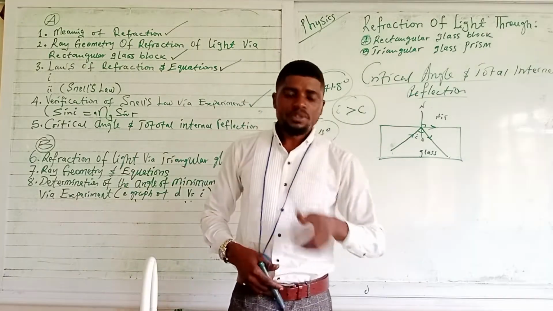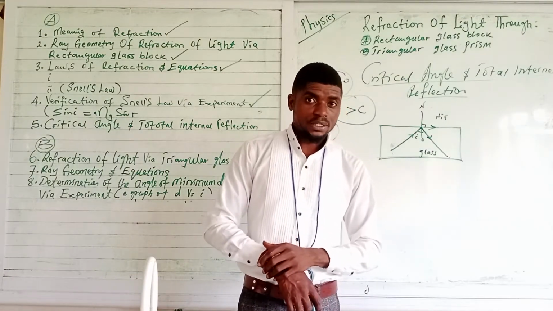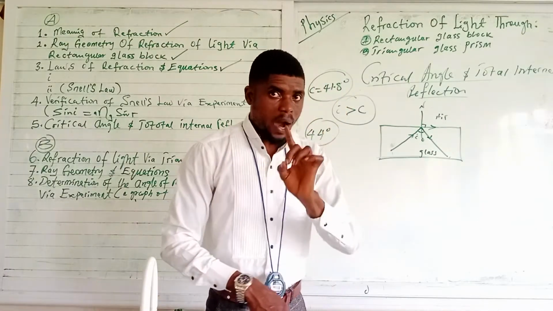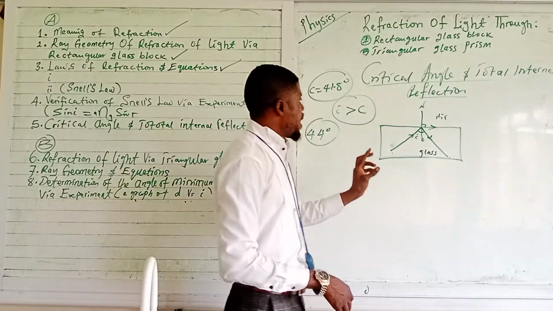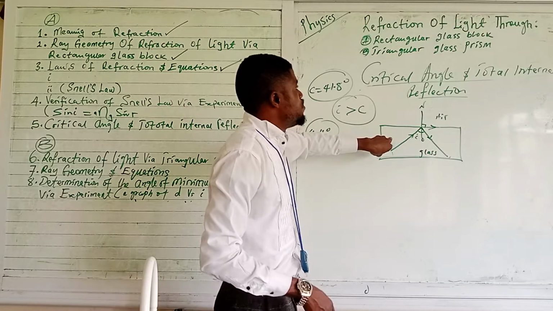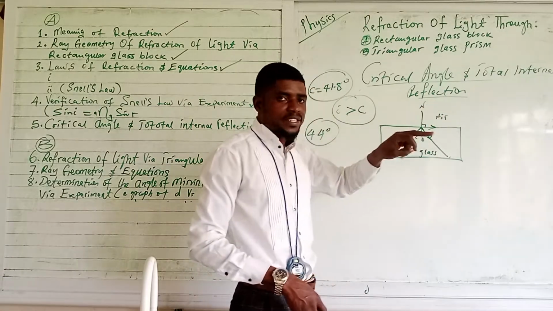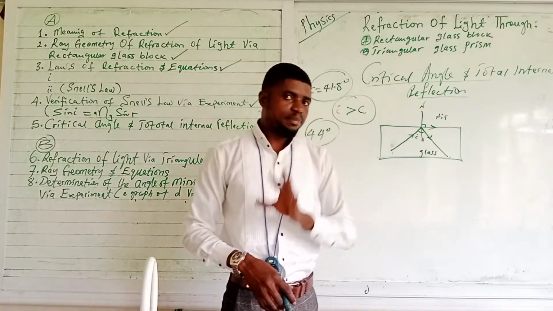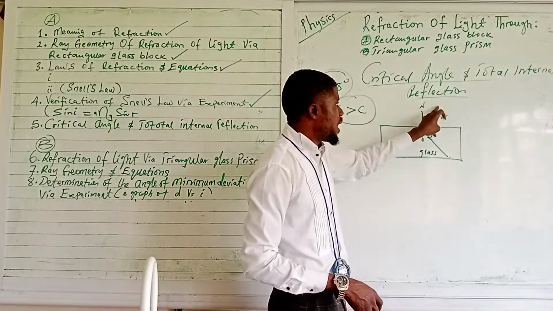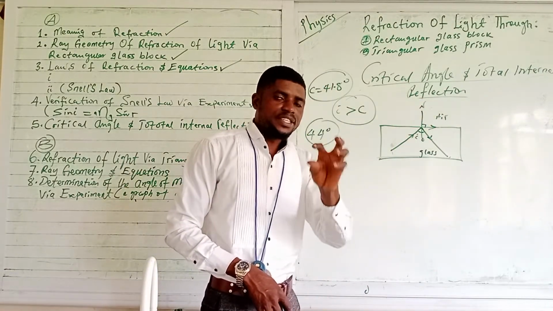Now, there are two conditions for total internal reflection to occur. Number one, the ray of light must be traveling from an optically more dense media to an optically less dense media. In this case, the glass media is the optically more dense media, and the air media is the optically less dense media.